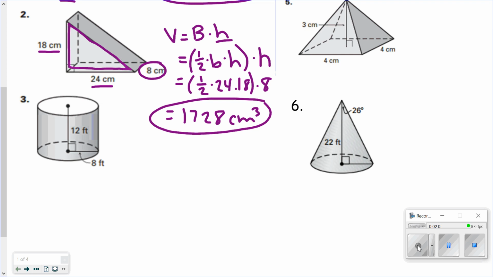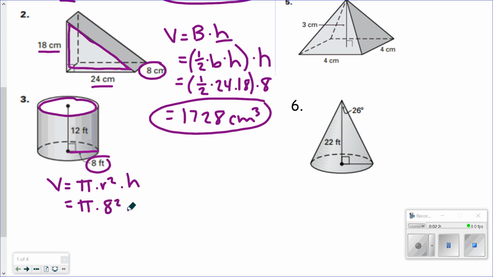For number three, we have a cylinder, and we know that the volume of a cylinder is pi times r squared, because the base of this is a circle, times the height. So I need to figure out what is the radius. Well, we notice that the radius is this here, which is 8, so pi times 8 squared times the height, and we know the height is here, and it tells us the height is 12.